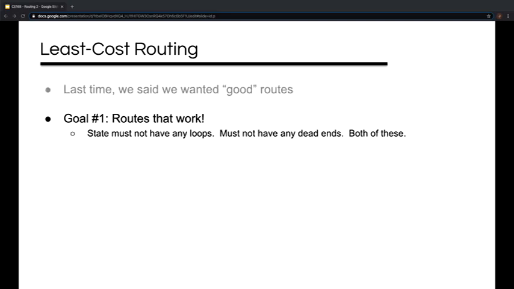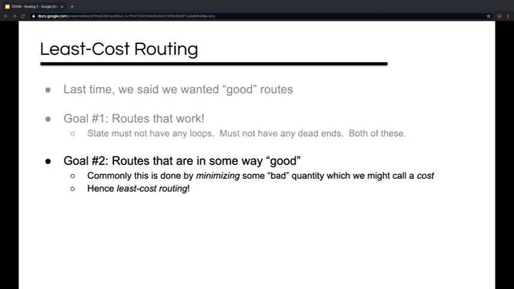That's the first thing that you might look for. We touched on the state for these must not have any loops, and it must not have any dead ends, both of these things. As was brought up on Piazza, there's this ambiguity where De Morgan's law meets English. And so you need both of these things to be true.